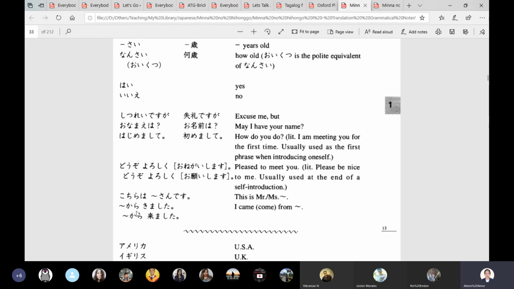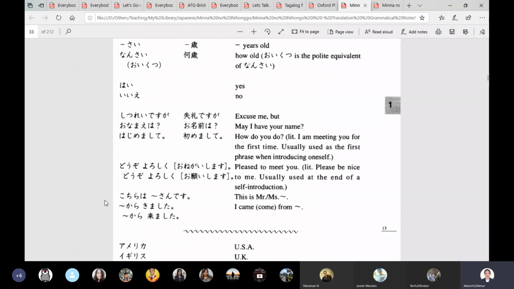And then, if let's say I want to say where I came from, which country, then I could use the expression kara kimashita. So, in my case, domo konnichiwa. Watashi wa Aileen desu. Firipin kara kimashita. 28 sai desu. Hajimemashite. Dozo yoroshiku onegai shimasu. So kara kimashita means I came from, and then the country.